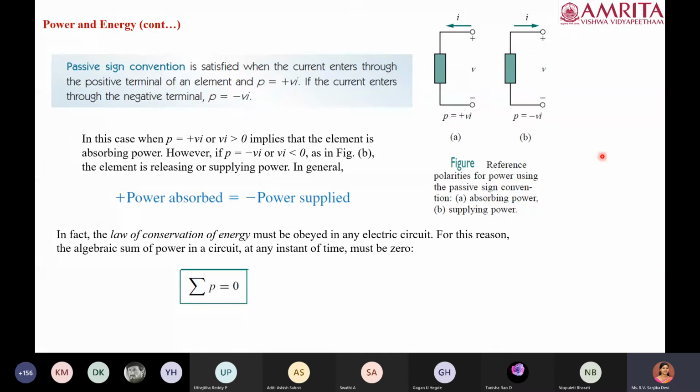So in a given circuit, if the sources are delivering, for example, 50 watts of power, then the entire 50 watts of power will be absorbed by the elements present in that circuit. So always the total power in any closed circuit should be 0.